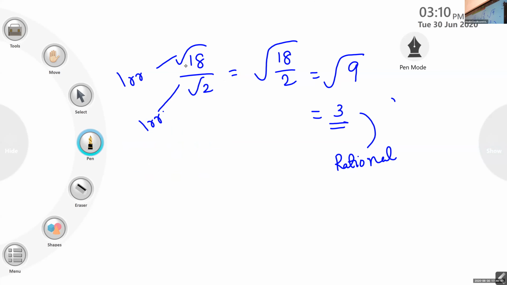John, try. You should get a perfect square when you divide first. Yes, John? 16 by 2. Tell the answer, John.